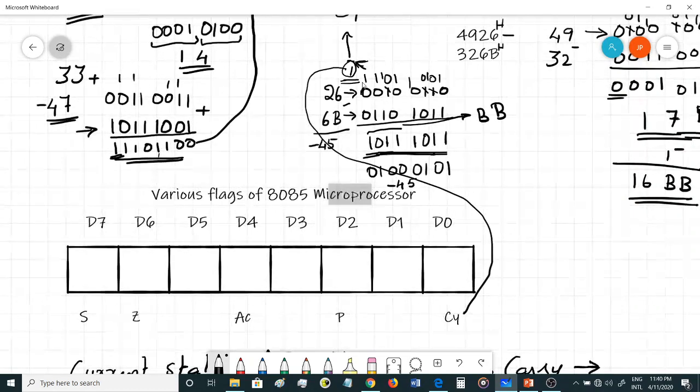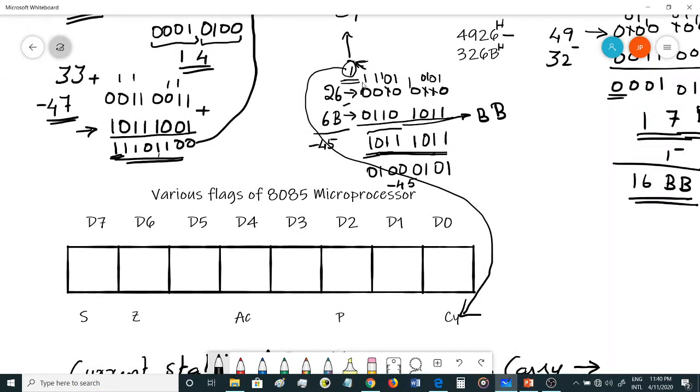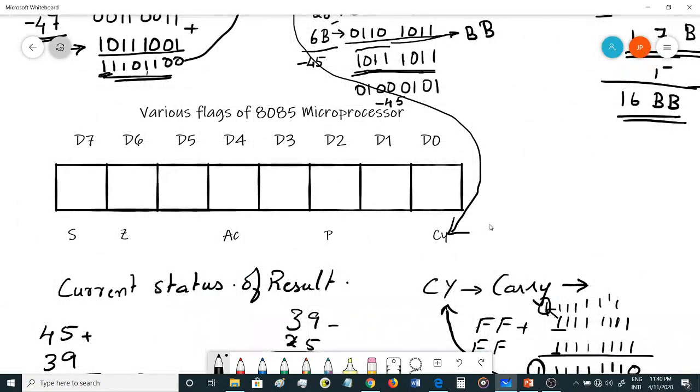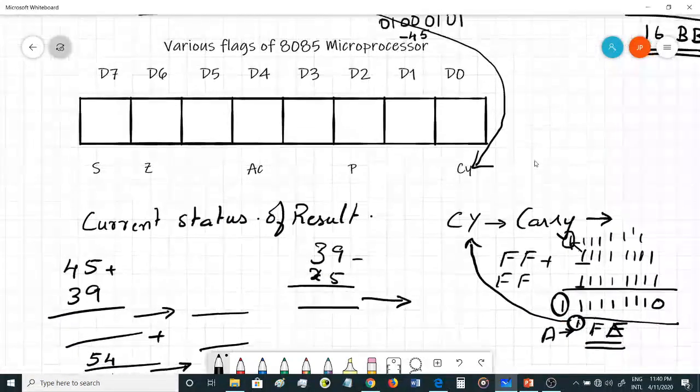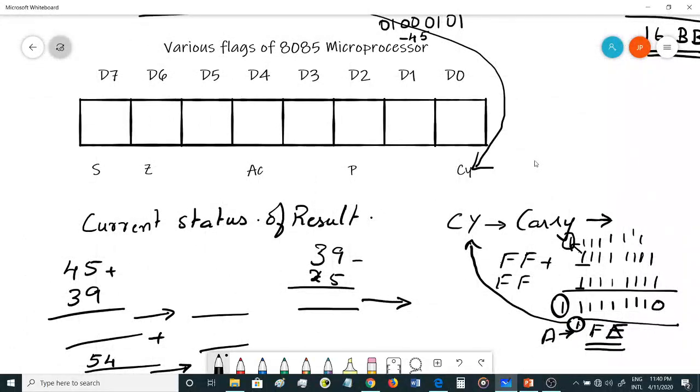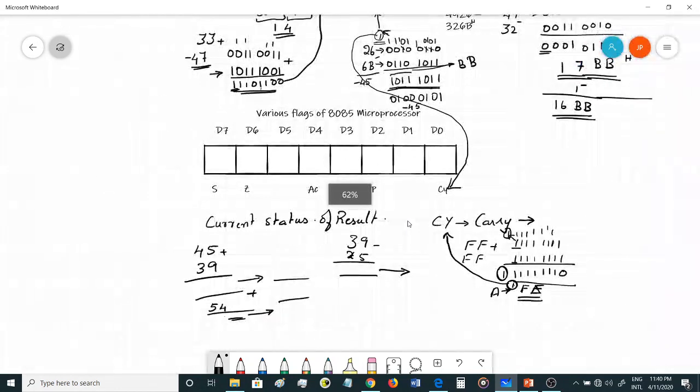In case you take a borrow, it is going to be there in your carry flag. Your carry flag will be set to 1, which represents either there is a carry out from the MSB or there is a borrow that you have taken. Now let's look at the other flags.